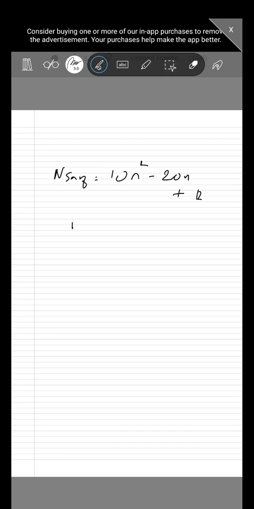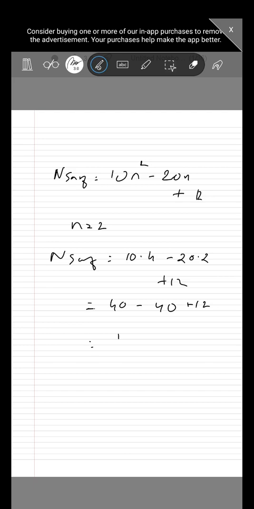If we take n is equal to 2, then n surface is 10 into 4 minus 20 into 2 plus 12, so 40 minus 40 plus 12, which is 12 atoms on the surface.